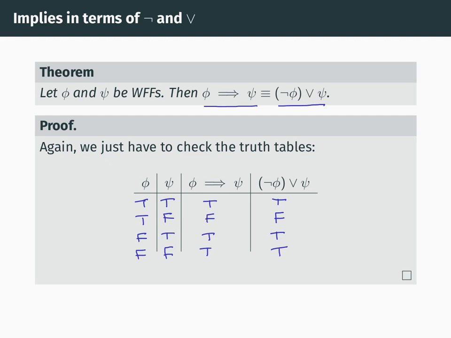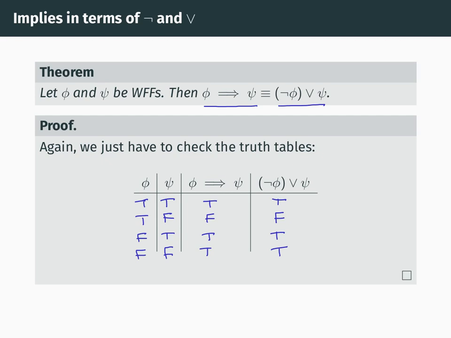So the reason to be interested in this particular logical equivalence is that when I introduced connectives to begin with, we said that actually we only needed those four connectives. There are other connectives, but we don't actually need them to express any logical formula we want. And I said, in fact, we don't even need all four connectives, and, or, not, implies, because we can eliminate some of them.